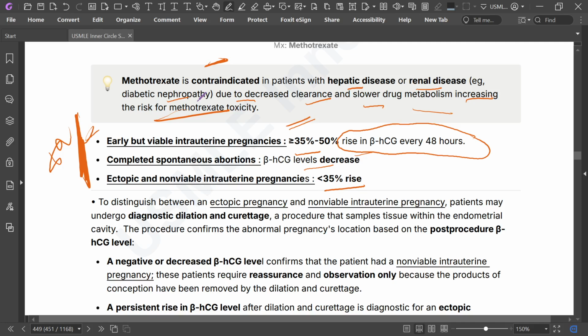Contraindications include breastfeeding, hematologic, renal, and hepatic abnormality, pulmonary disease, peptic ulcer disease, or immunodeficiency, concern for rupture, coexisting intrauterine pregnancy like heterotopic pregnancy, and inability to follow up for beta hCG level.